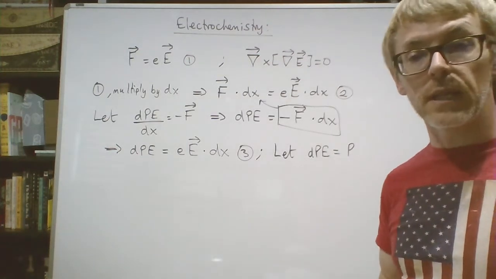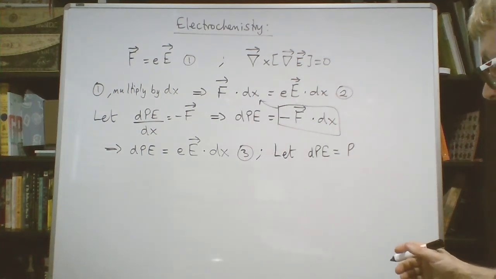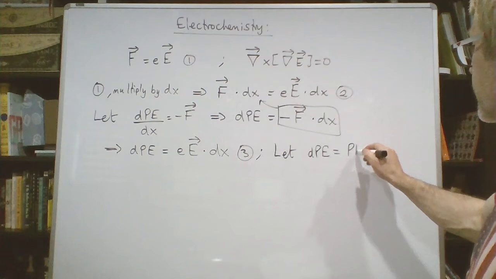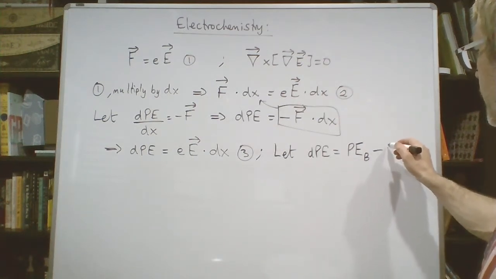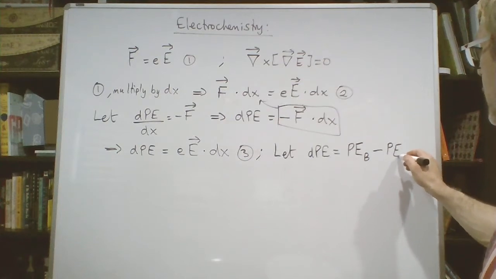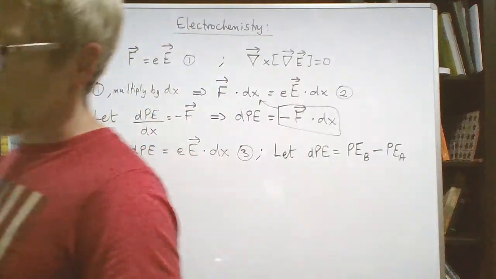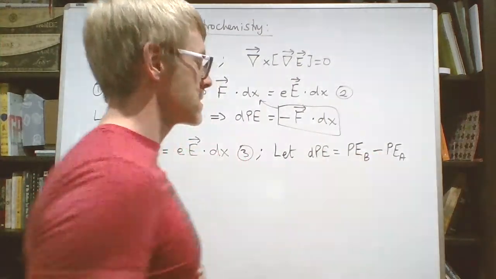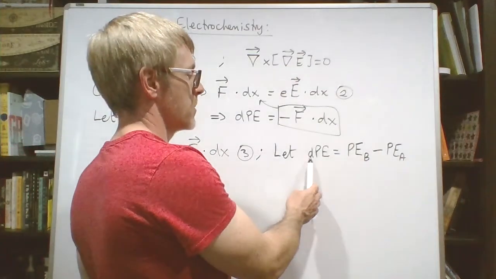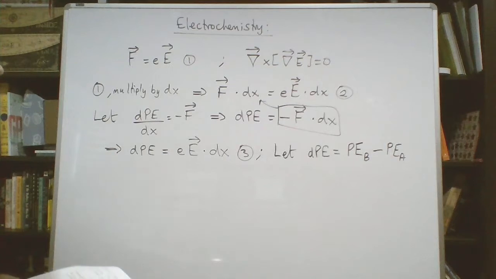Let's call them particle A and particle B. So let the change in potential energy between two objects be the potential energy of B minus the potential energy of A. A and B could just be final and initial, just labels to differentiate this versus this. The difference just literally means the difference between two potential energies at two different locations.